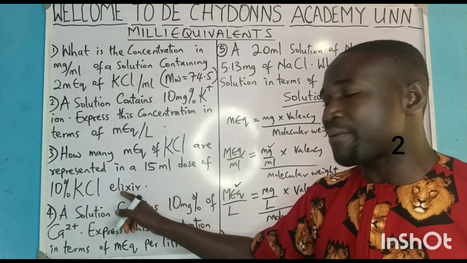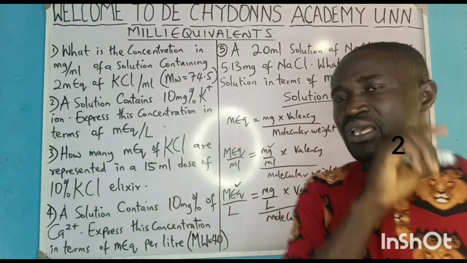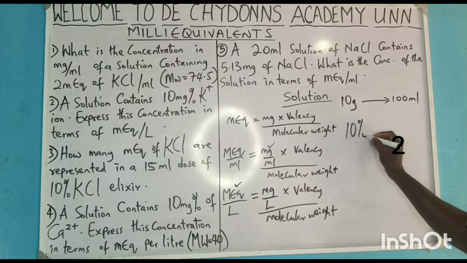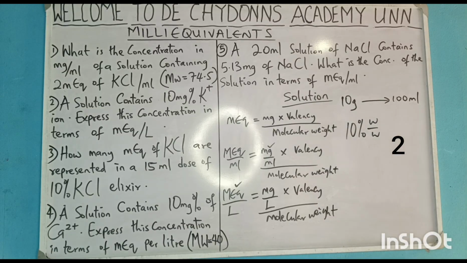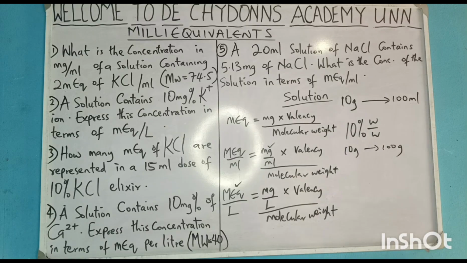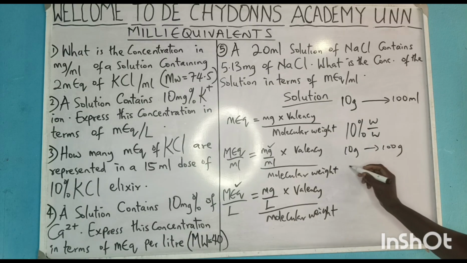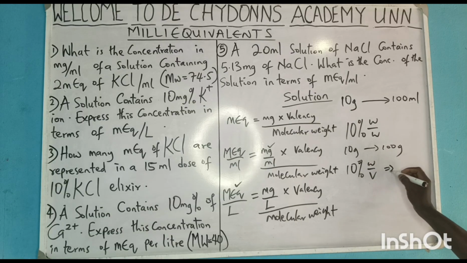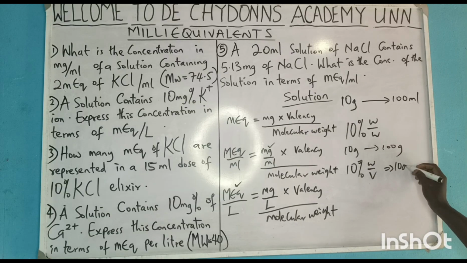If you are talking about the mil aspect, let you understand something. If you have 10% weight per weight, it means 10 gram in 100 gram, because they say weight per weight. If you have 10% weight per volume, it means 10 gram in 100 mil.